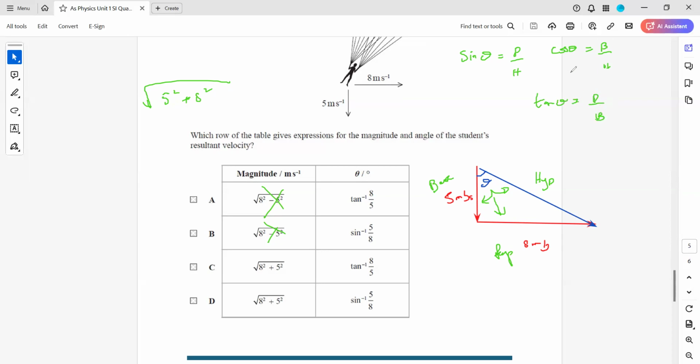So if we use tangent theta, perpendicular is 8 and the base is 5. If tan moves to the other side, it changes to tan inverse. So the angle will be tan inverse of 8 by 5, and the resultant is the root of 8 squared plus 5 squared. Is it clear? Discussion?